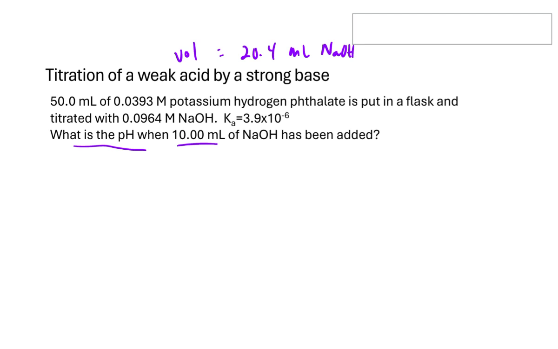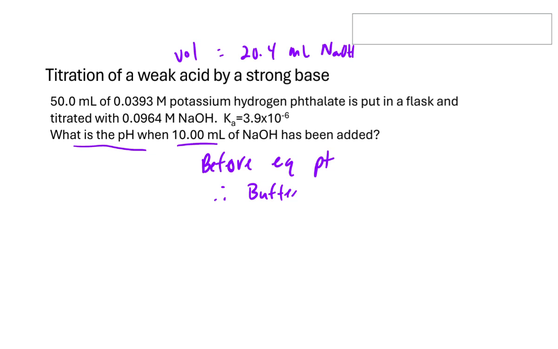Therefore, we are before the equivalence point, but of course after some base has been added. Therefore, we have a buffer, and so we can use the Henderson-Hasselbalch equation to determine the pH of this solution.